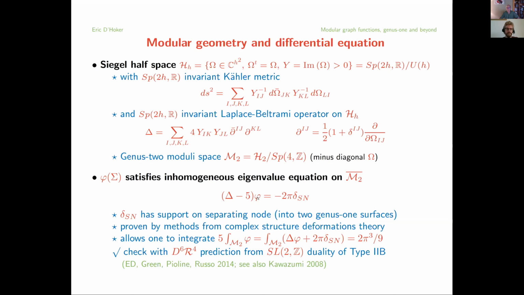So this Kawazumi-Zhang invariant satisfies a Laplace eigenvalue equation. The Laplacian here is now the Laplacian in the Siegel upper half space for genus 2, with an eigenvalue which is definitely not of the form S times S minus 1, and also a right-hand side.